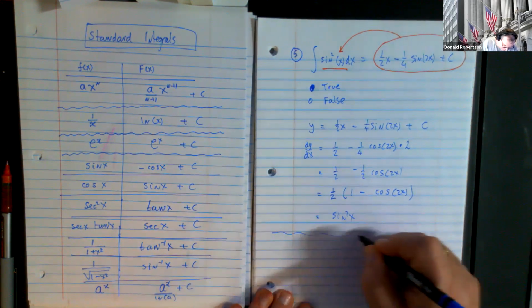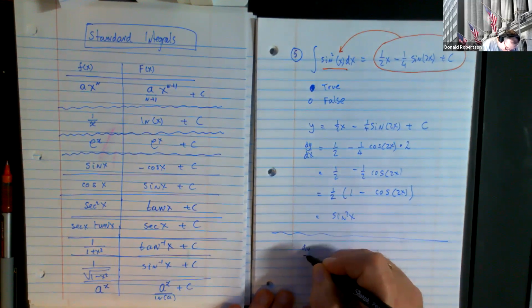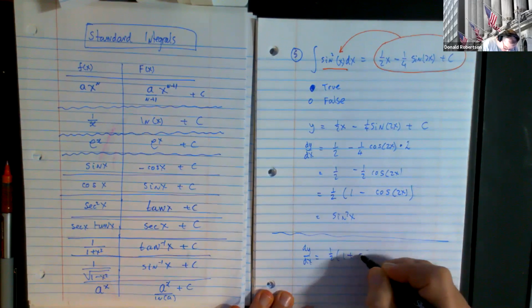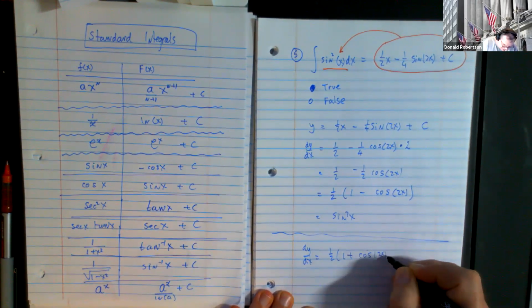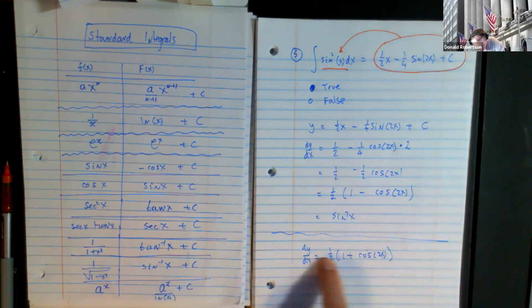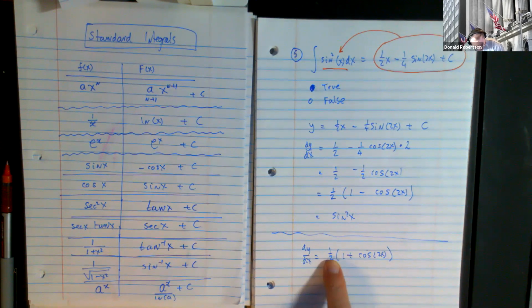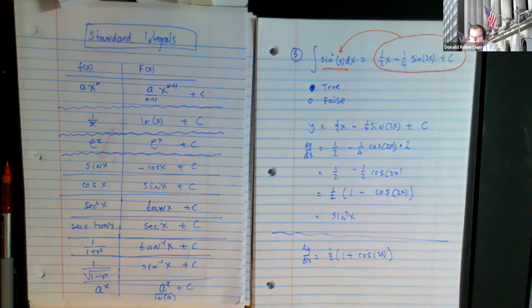Imagine that I got this as my answer. A different question, but imagine I got this as my answer. Does anybody know what that guy is equal to? Up here's a bit of a clue.